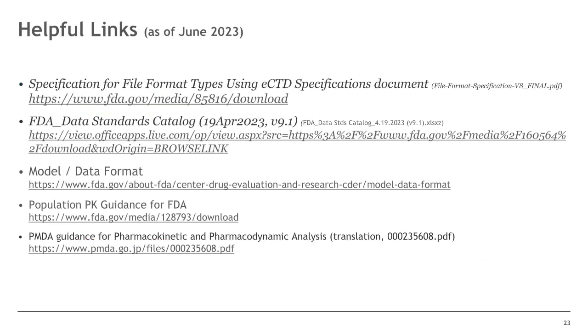I provided a link for that file format specification as a PDF file, the FDA standards catalog, which is currently an Excel file, the model data format page, which is basically just a narrative discussion page, and a link to the guidance that we're talking about specifically today. And then just as a comparator, I provided a link to the current PMDA guidance for pharmacodynamic and pharmacokinetic analysis. It's a translated version that's out there on their website.